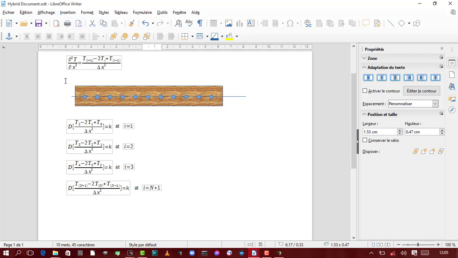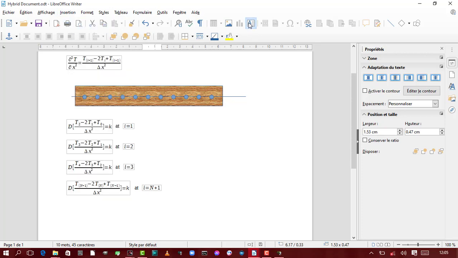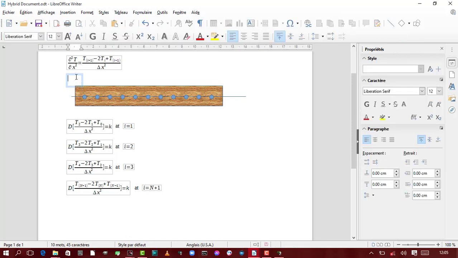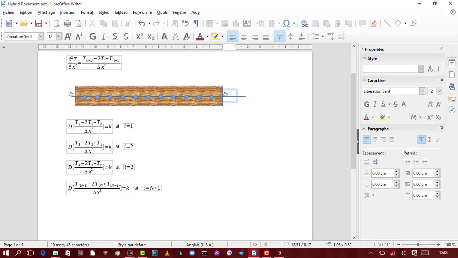So for example, on this side we're going to set the value equal to 25. Let's drop it here, and on the other side, let's set the value to, for example, 0. This is just an example.